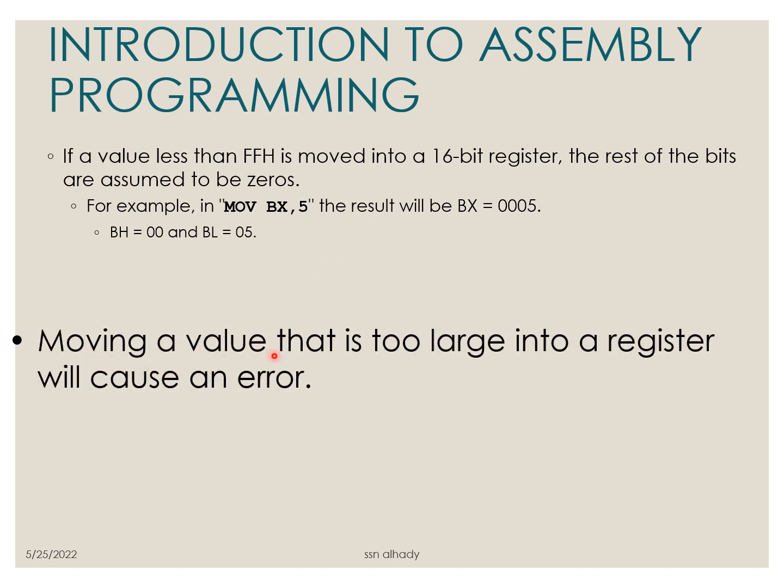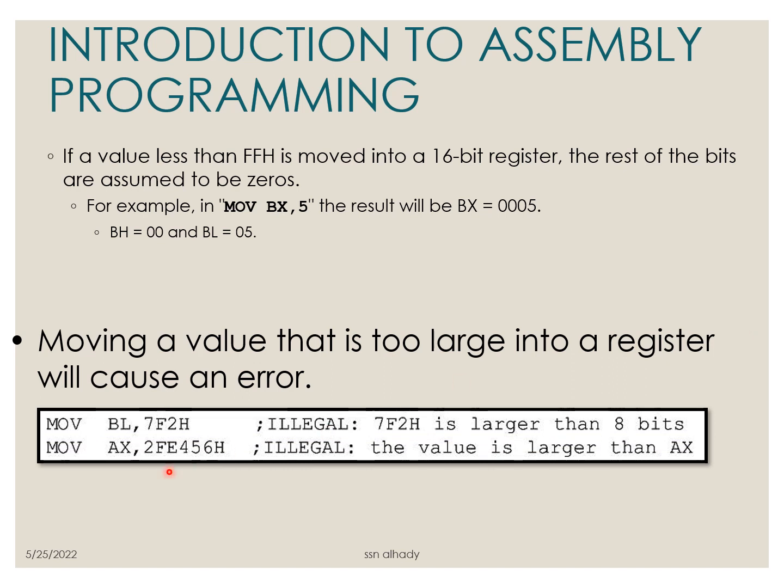Okay, moving a value that is too large into a register will cause an error. You have an 8-bit register BL, and you want to move 75F2. That is larger than 8 bits, so it's illegal.